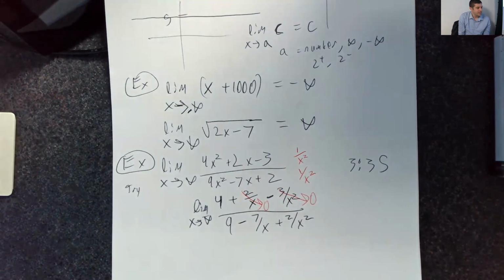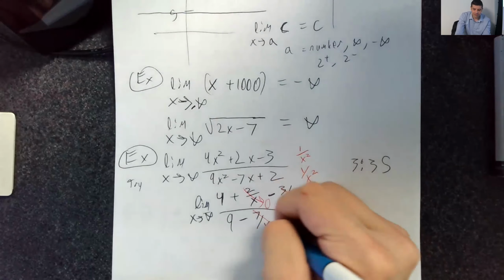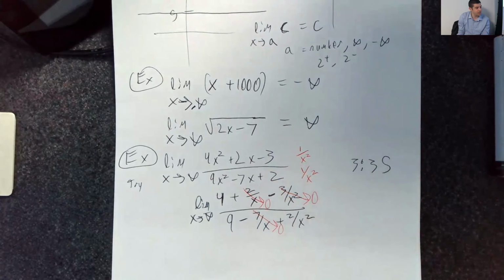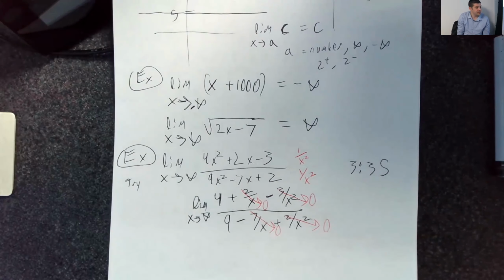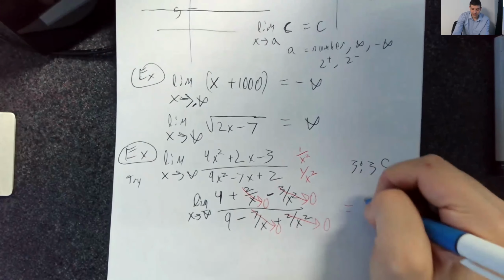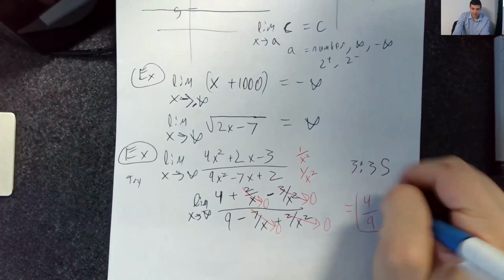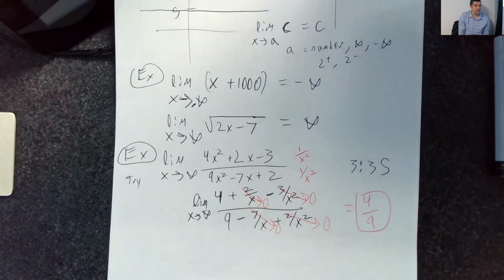Because that denominator's really large, right? 3 over x squared is 3 over a massive denominator. 7 over x goes to 0. 2 over x squared, 0. What are we left with? 4 over 9. Okay, do you guys see how we get that? 4 over 9.